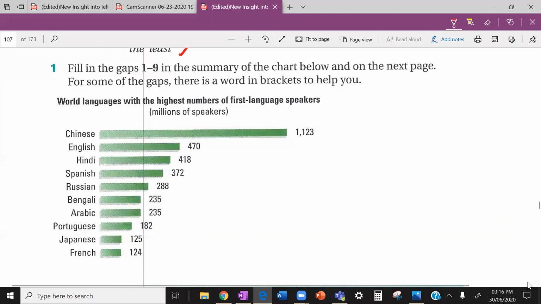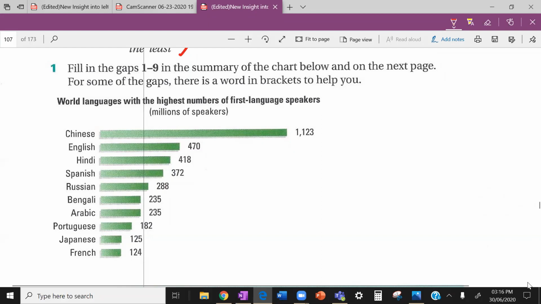I suppose there are 10, 1, 2, 3, 4, 5, 6, 7, 8, 9, 10. The 10 most widely used languages in the world are mentioned here, and the number of speakers is mentioned in millions. So this is the basic information. What does this bar graph show?